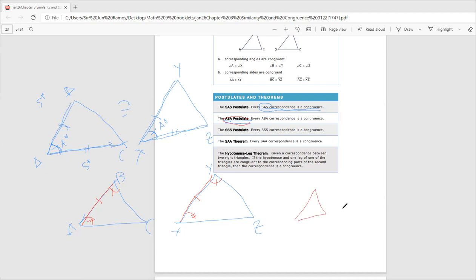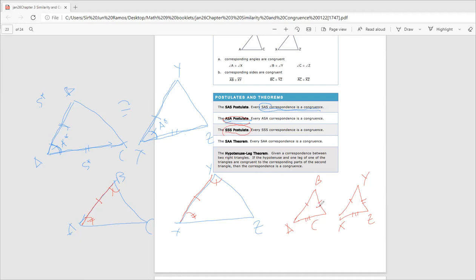Okay? Let's have the SSS. So suppose we have these two triangles, A, B, C, X, Y, Z. For them to be congruent by SSS, then three sides. We need to have each pair of corresponding sides be congruent. So if this is congruent to this, and this is congruent to that, and this is congruent to this, then we can say that these two triangles are congruent by the SSS postulate.